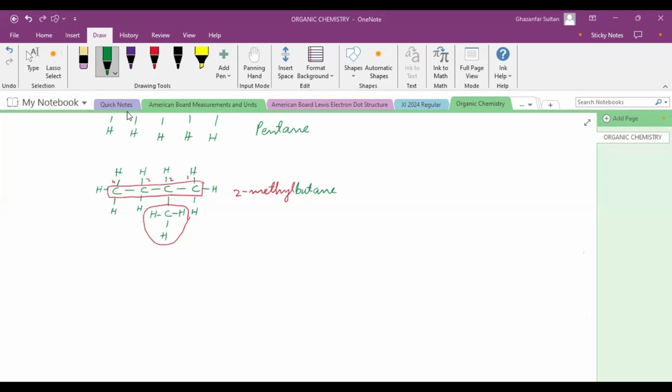Okay, but sir, here one more structure is possible. 1, 2, 3, and 1 carbon atom here and 1 carbon atom here. And now satisfy valency of hydrogen for each carbon atom.